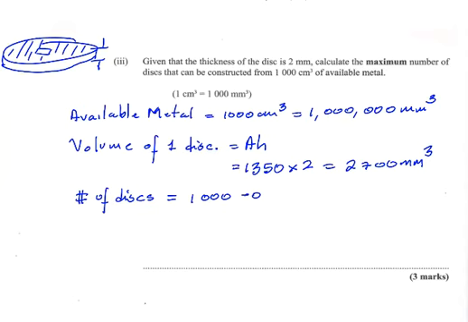When dealing with multiple numbers of the same quantity, and they ask to find the number of, you have to divide. So it's 2,700, 2 zeros here, 2 zeros here, and the answer works out to be 370 discs. So from the available metal of 1,000 centimeters cube, you can get a total of 370 discs of volume 2,700 millimeters cube.